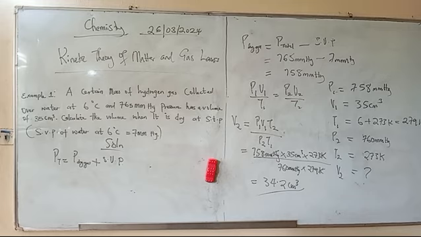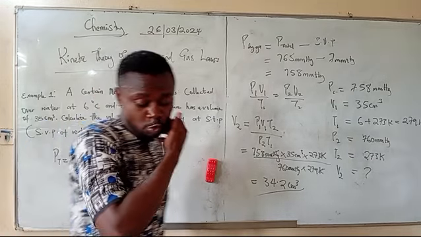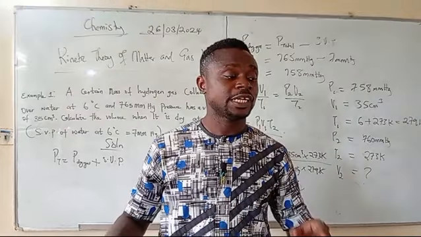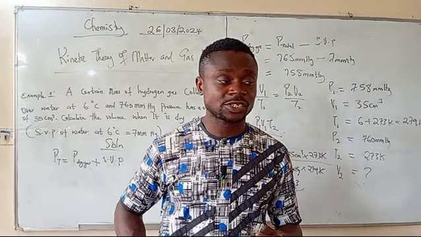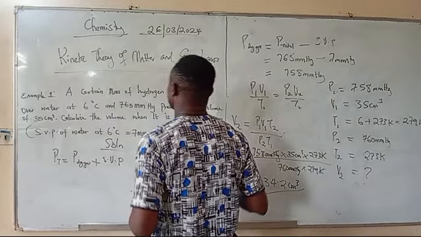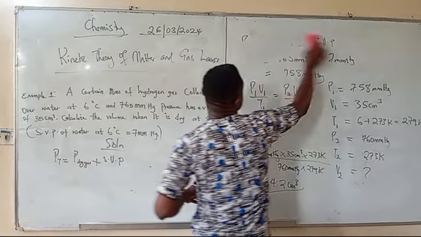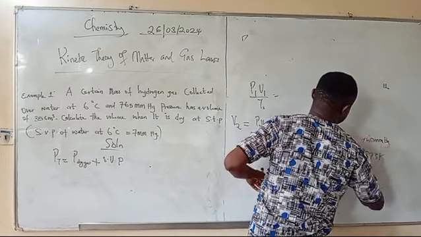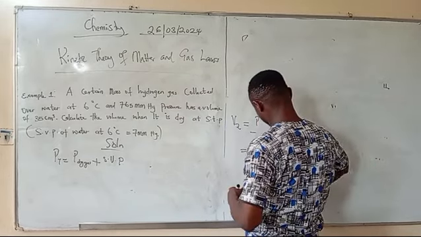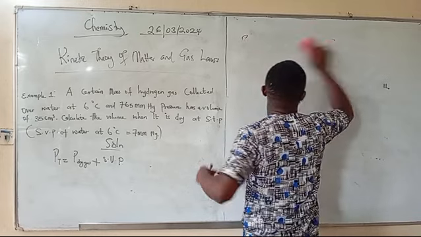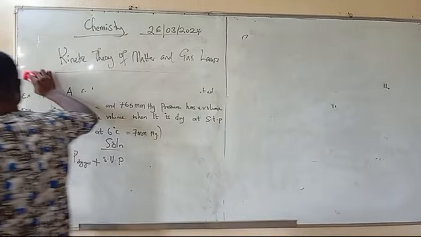What we said about the total pressure exerted: we know that the total pressure is equal to the sum of the partial pressures of each of the gases in the container, up to the nth gas.